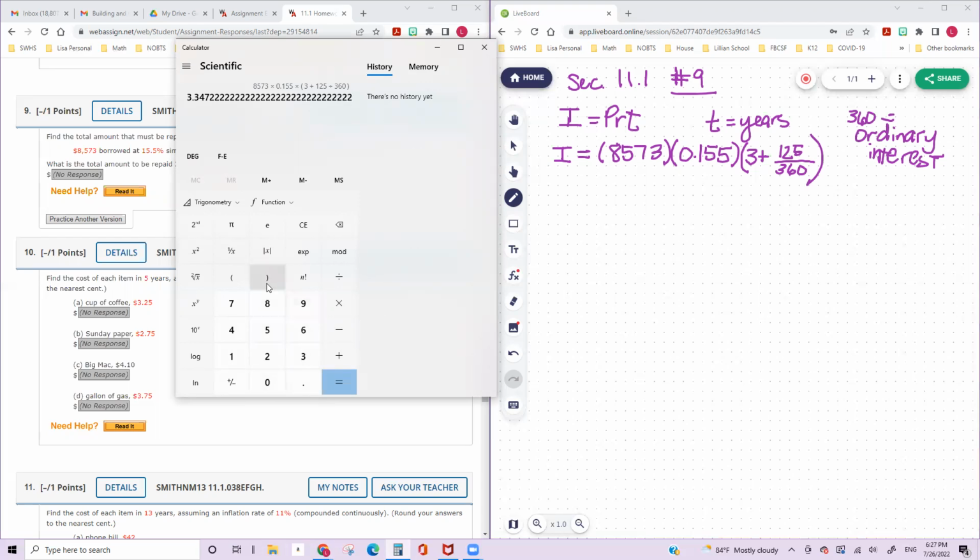Now you saw I had to close the parentheses. When I closed the parentheses, that gave me this 3.347. So that's what 3 plus 125 divided by 360 is. Now I'm going to do my equals, and this is the amount of my interest.